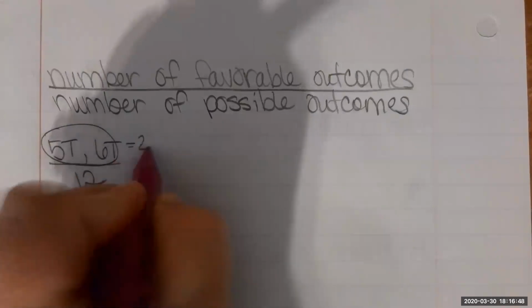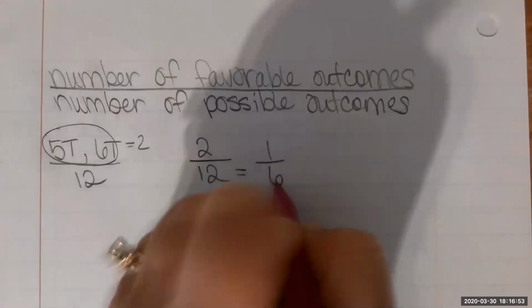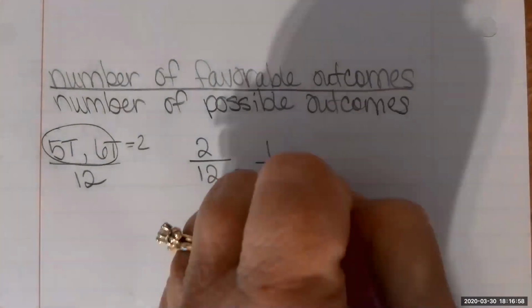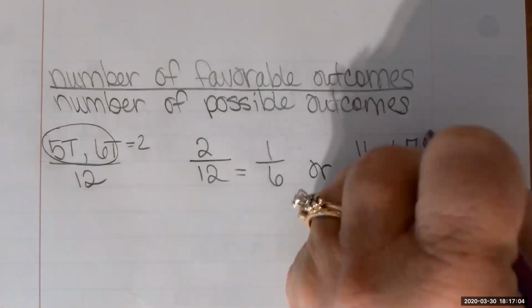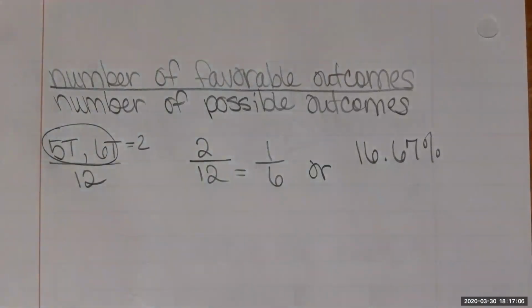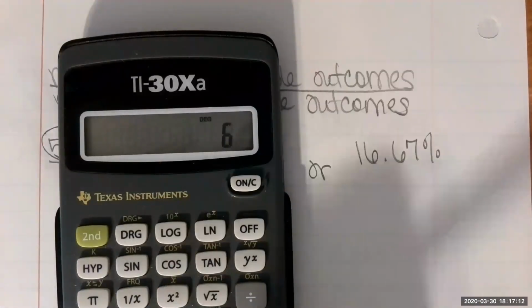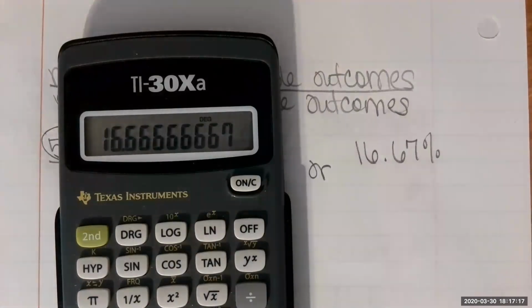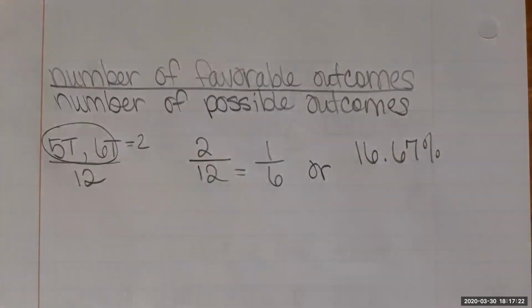So you have 2 over 12, which equals 1/6, or 16.67%. Times 100 would be 16.67. All right, very good.